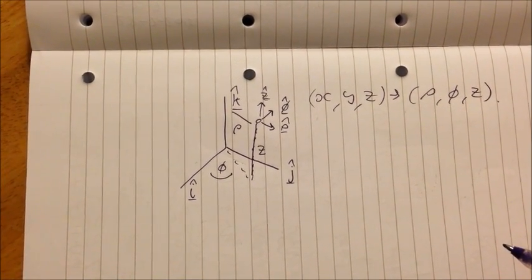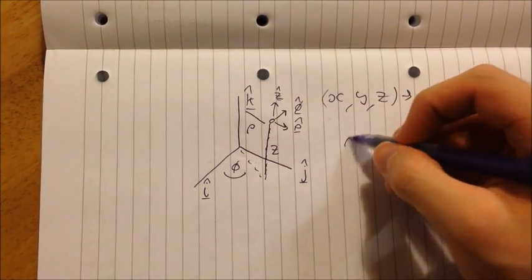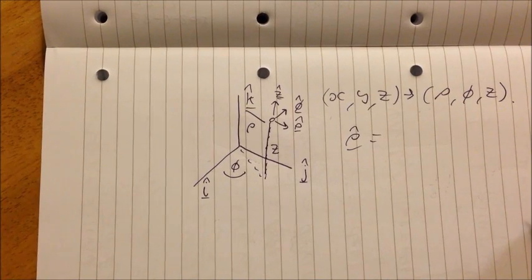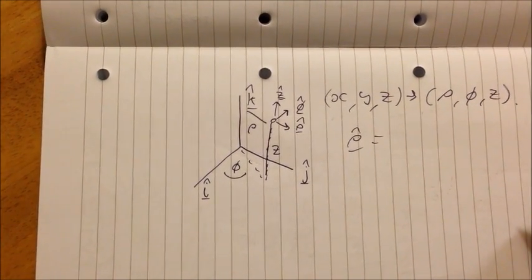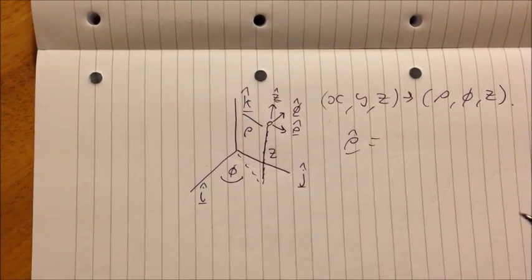Okay, so firstly let's work out the rho unit vector. Well, the rho unit vector is in the ij plane, so it's a two-dimensional problem again.